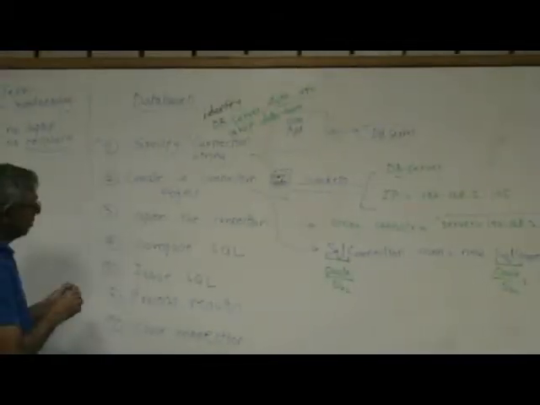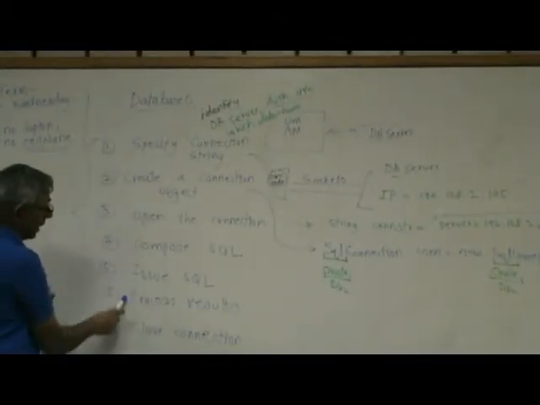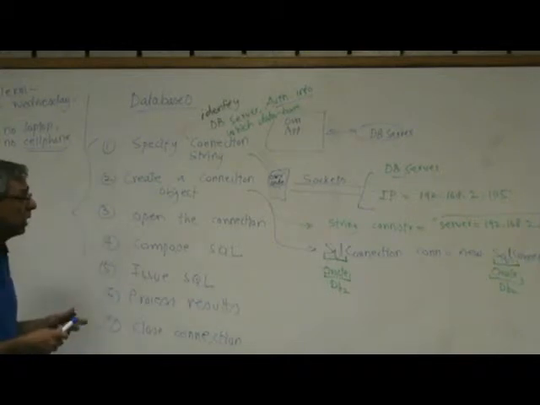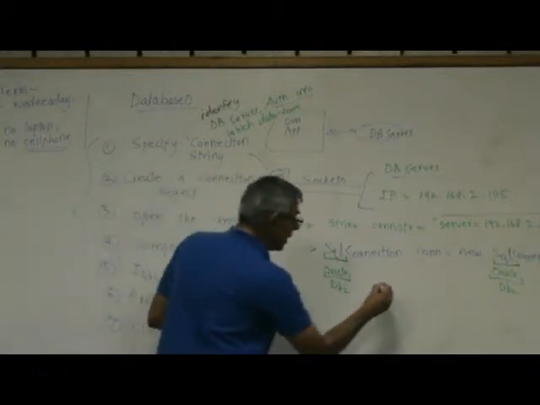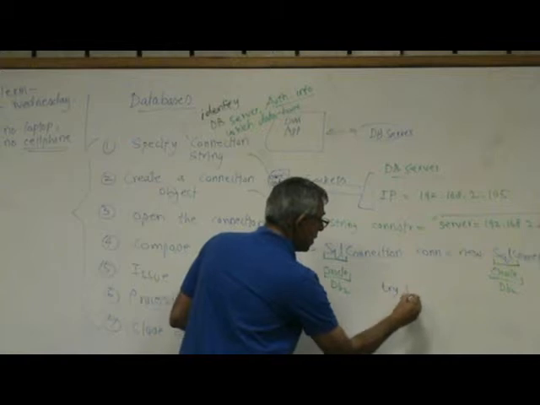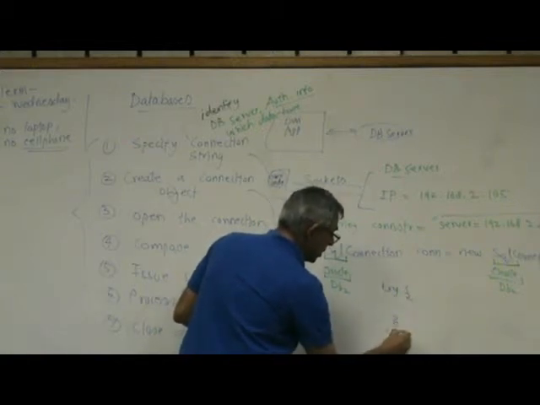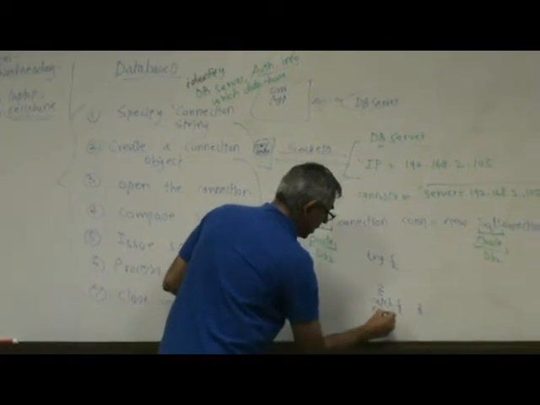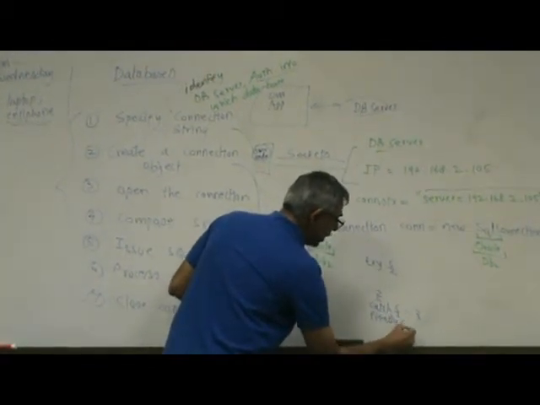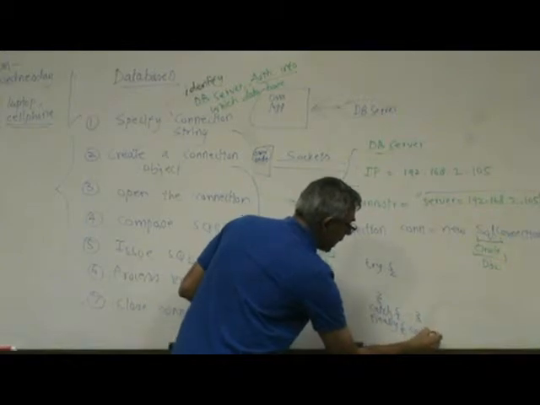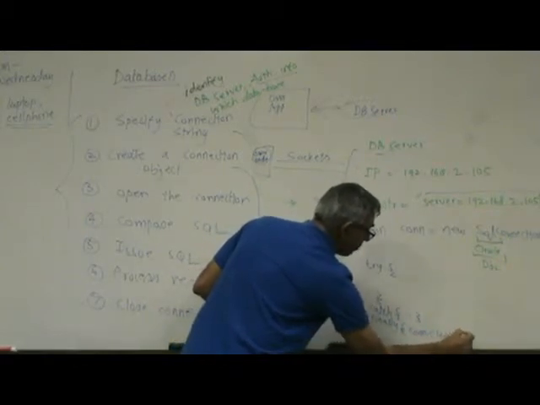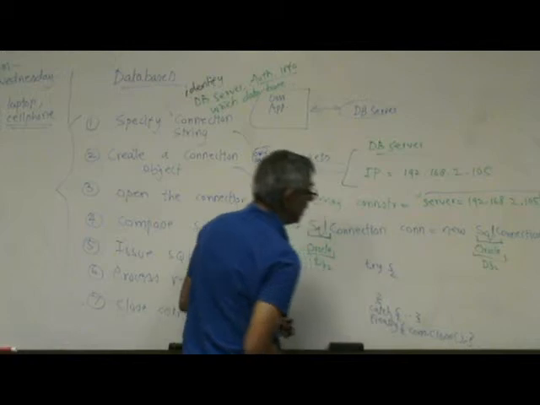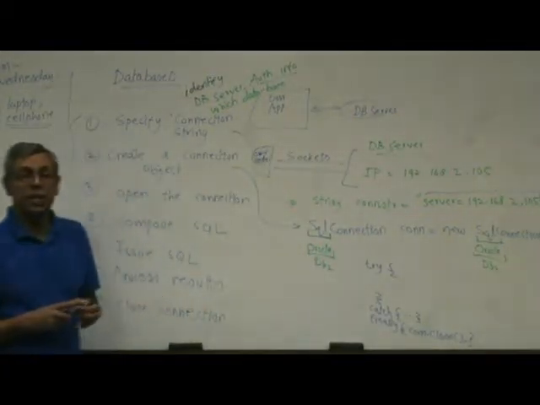Then the rest of the code, from opening the connection to composing the SQL, typically we write it in a try, catch, and finally block. Okay, in the finally, we always close the connection. Remember, the finally block is always executed regardless there's an error or not.